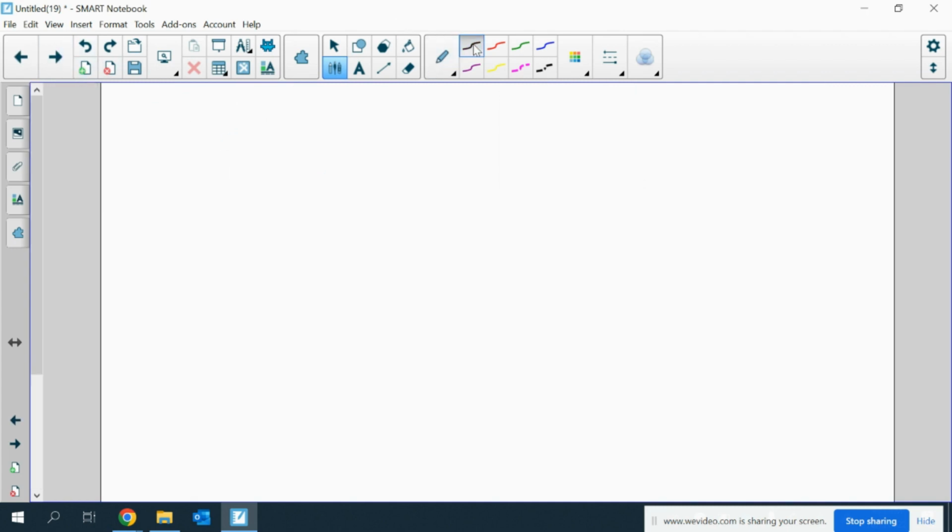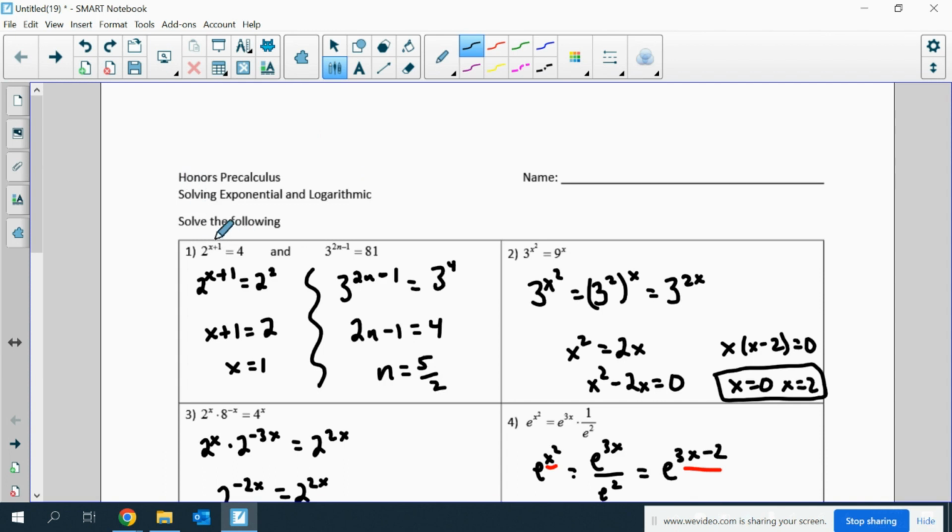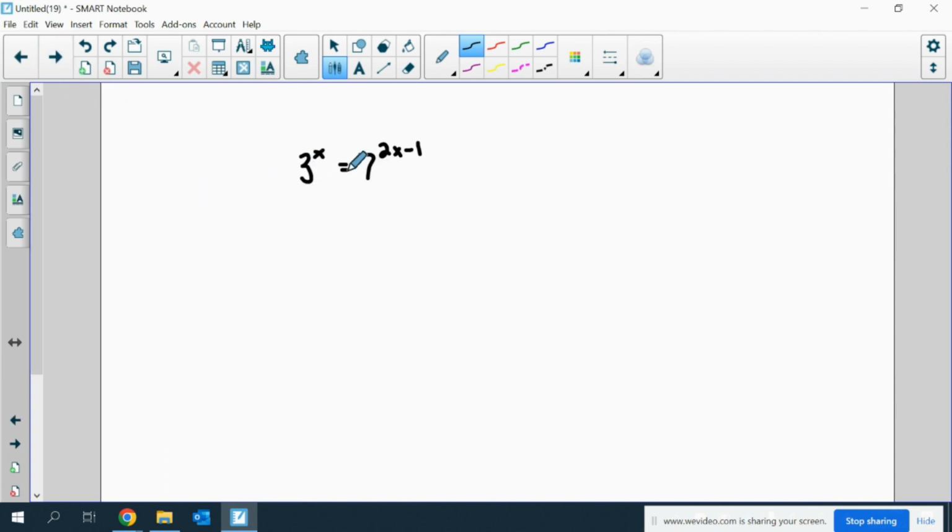One more thing that I should probably talk about is, let's say I have 3 to the x equals 7 to the 2x minus 1 or something like that. So if I have a problem that looks like this where the bases are not the same and I can't manipulate it like I did in problems 1, 2, 3, and 4, I'd have to take a log of both sides.